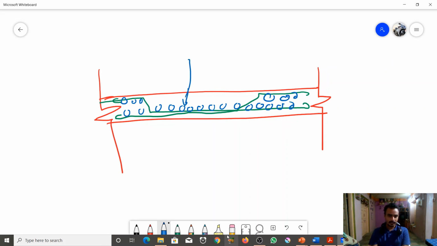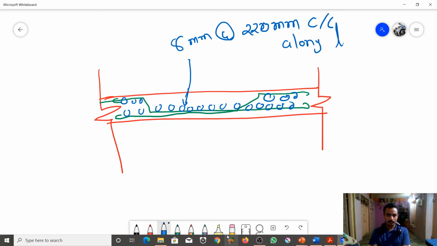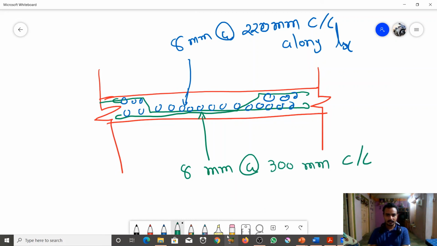So this span has 8 mm diameter at 220 mm center to center along Lx, and here 8 mm diameter bar at 300 mm center to center along Ly.